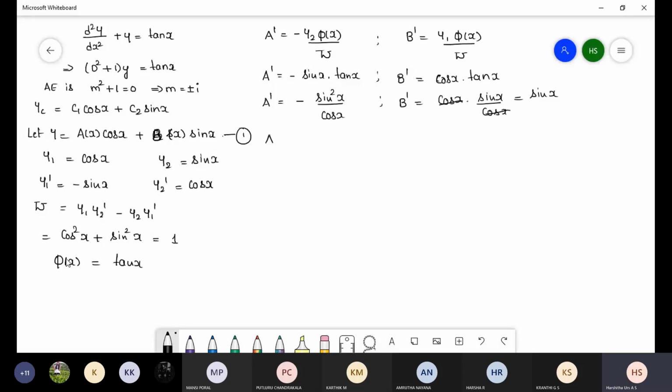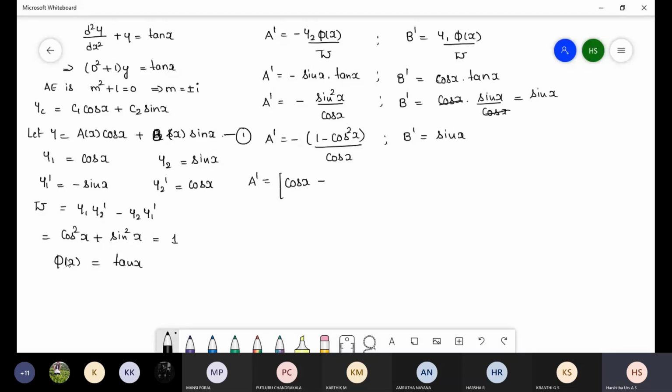We all know the formula for sin square x is 1 minus cos square x, divided by cos x. So b dash I will write sin x only. Now individually I will multiply with the minus sign. So minus into minus is plus, the second term, cos square x by cos x is cos x, minus into plus is minus.